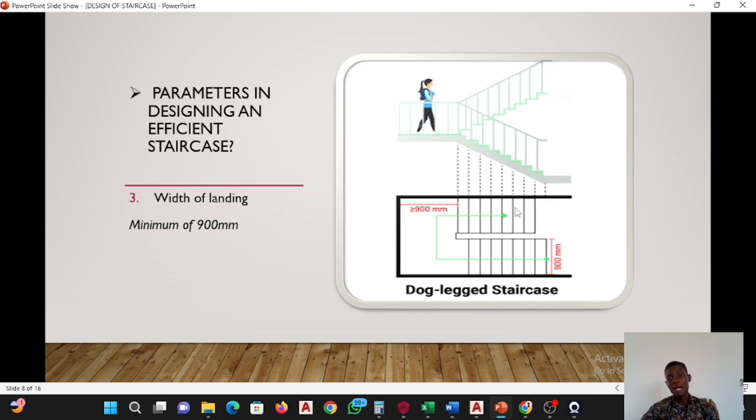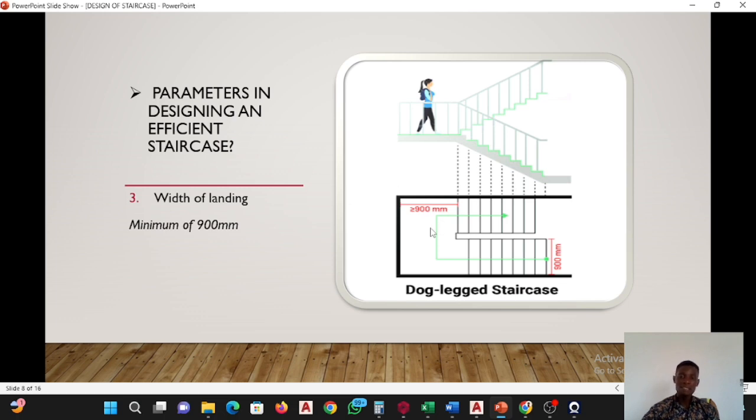And at the top of the stair, after the last riser, you have another landing. So about 3 landings on stairs. Sometimes you have more than that, depending on how long the staircase is. So the minimum dimension of landing should be 900 mm.